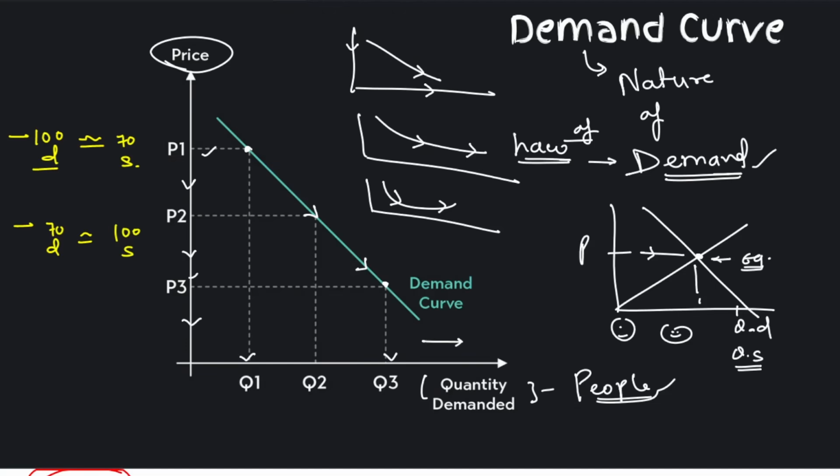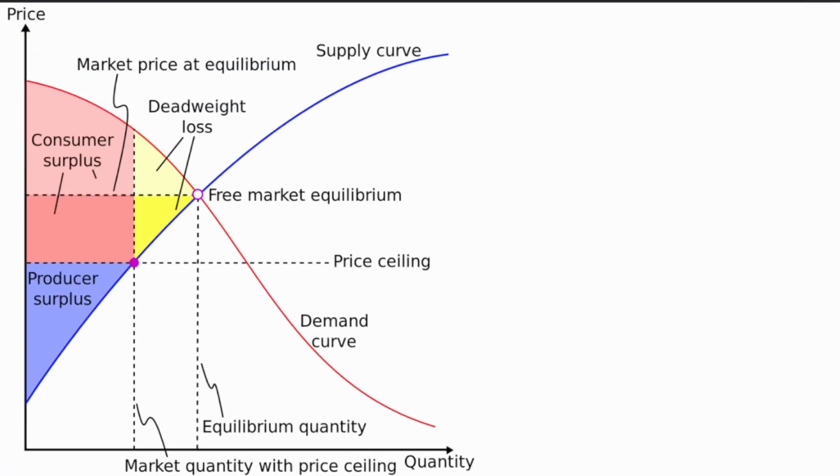So this is causing some sort of inefficiency either to the producer or to the consumer. So this is known as inefficiency. What does this inefficiency lead to? It will lead to deadweight loss. Whenever there is an inefficiency, there is a deadweight loss.